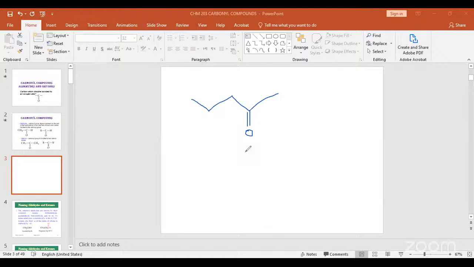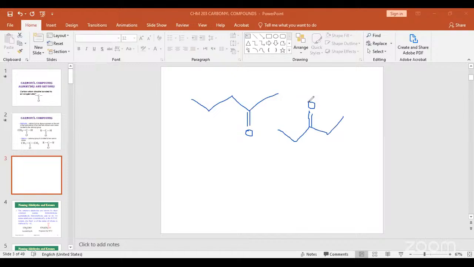What's the name of this compound drawn? Or you can't see my board? Pentanol. Pentanone, sir. Pentan-2-one, thank you. Because somebody said pentanol, I was going to draw this, and I will expect the same person to tell me what this will be, if this is what we were given today.